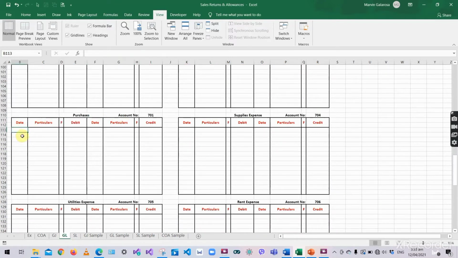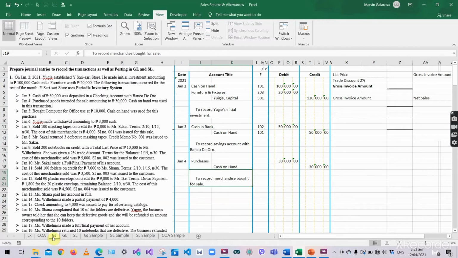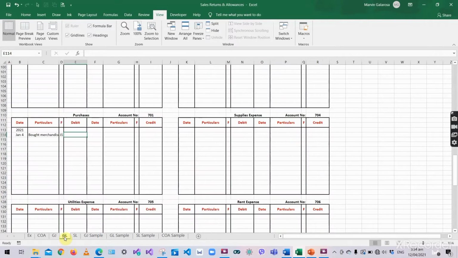Sa debit side. 2021, January 4, particulars, merchandise. J1, debit is 30,000. Account number 701.